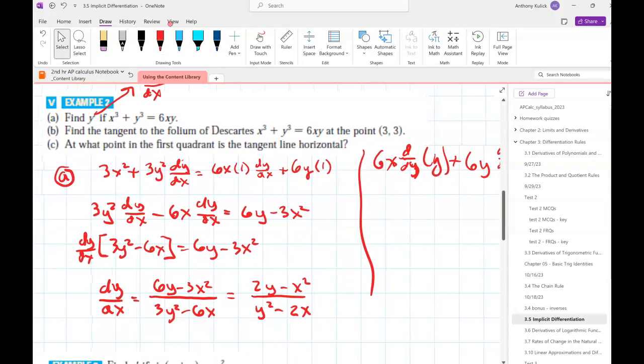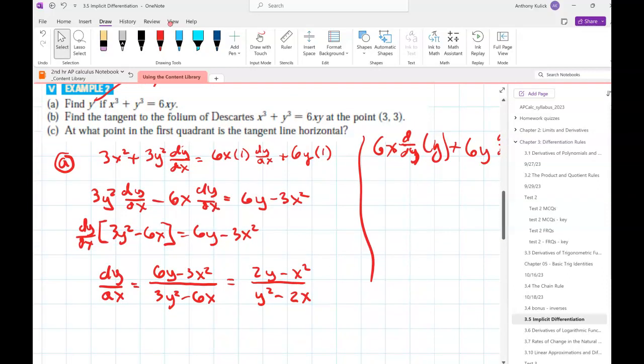All right. Part B then asks to find the equation of the tangent to the curve at the point 3, 3. We have the point. What else do we need to write the tangent line? The slope. How do I find that slope?